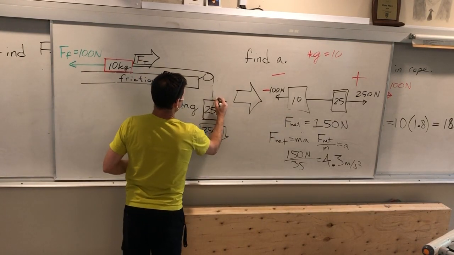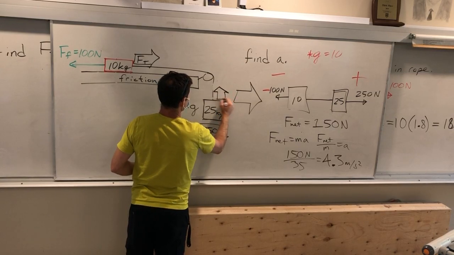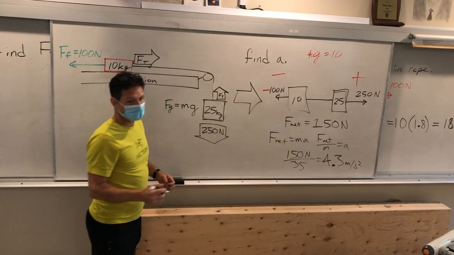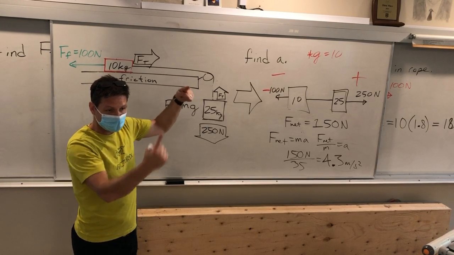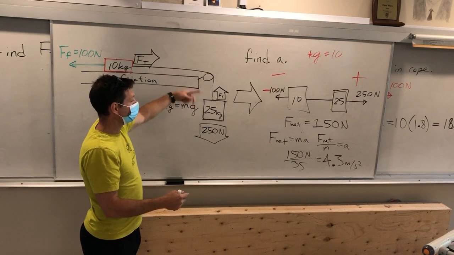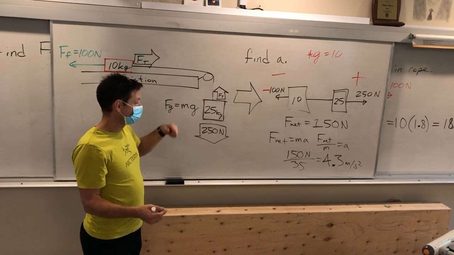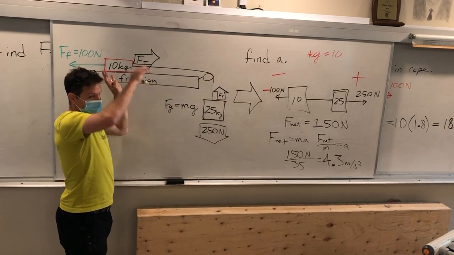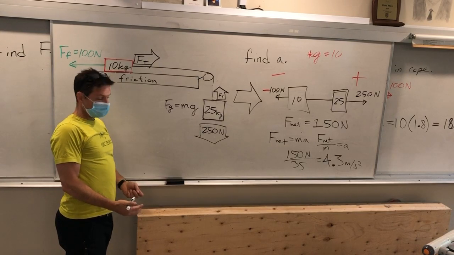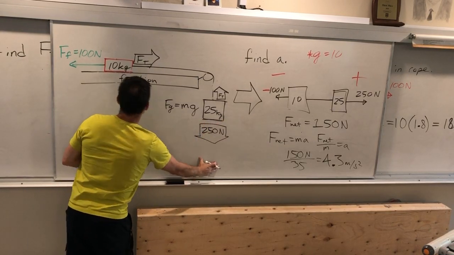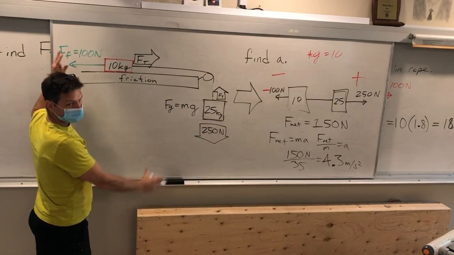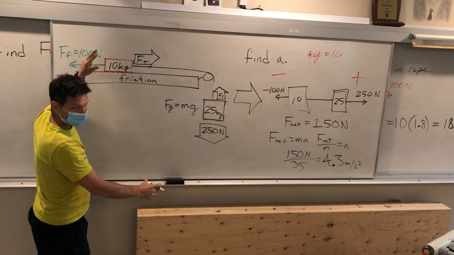This tension and this tension are going to be acting in opposite directions. So you could add them in, but they add to 0, because one's positive and one's negative. So as far as the whole system is concerned, it's really just this gravity and this friction doing a tug of war.